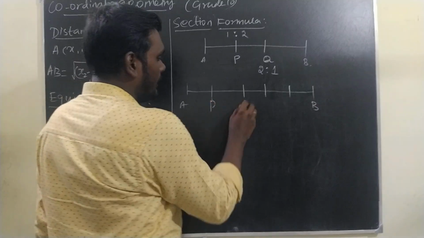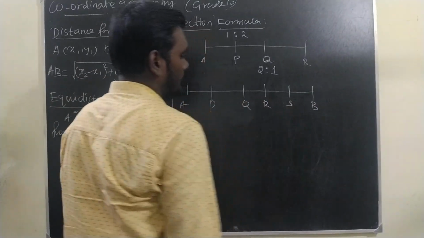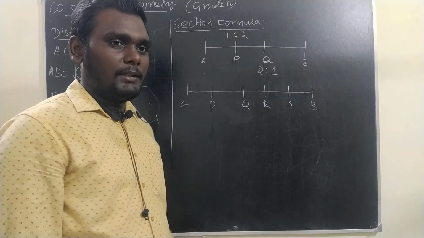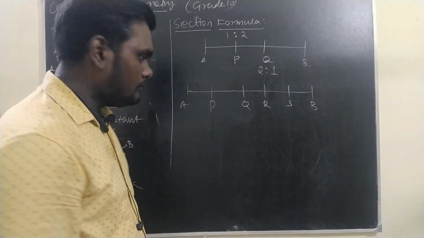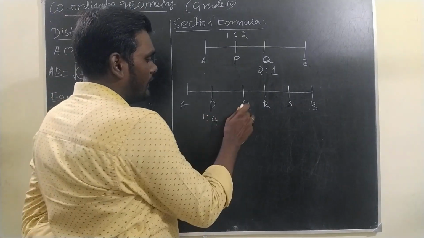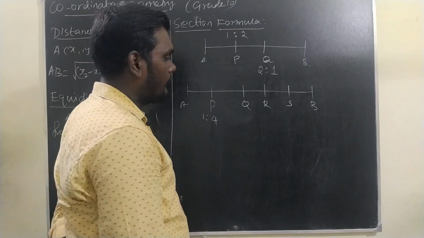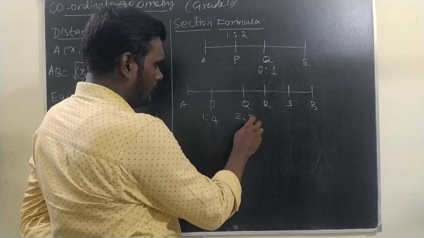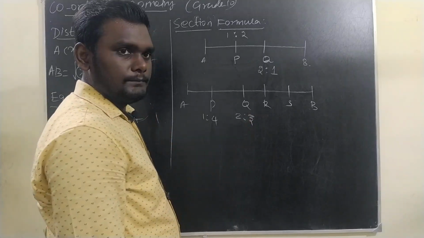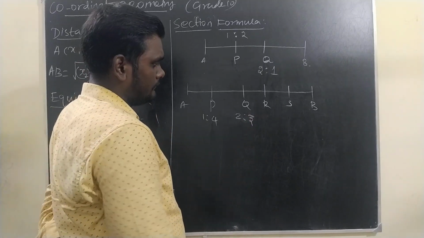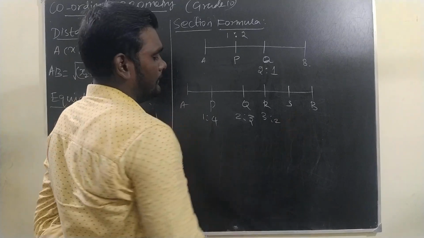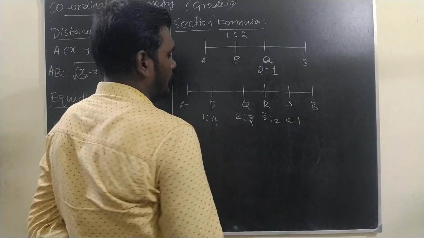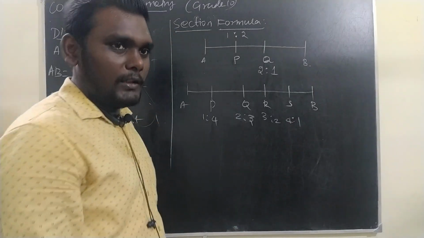Let me name them P, Q, R, S. Now, in what ratio does this point P divide the line segment? 1:4. Q divides the line segment? 2:3. And then this one, 3:2. This one, 4:1. Okay, that is how this ratio works.